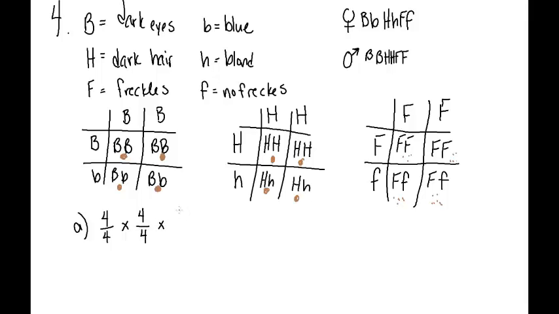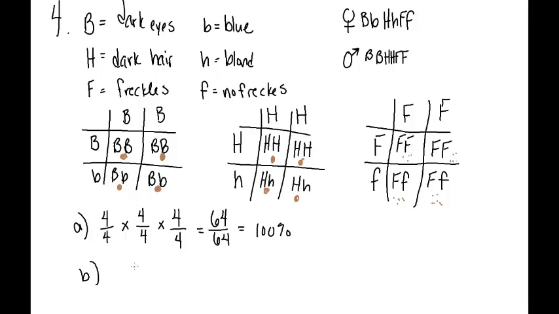And the probability of having freckles is also 4 out of 4. So 4 times 4 is 16. And 16 times 4 will be 64. So the probability of having a child whose phenotype is like the parents is 100%.